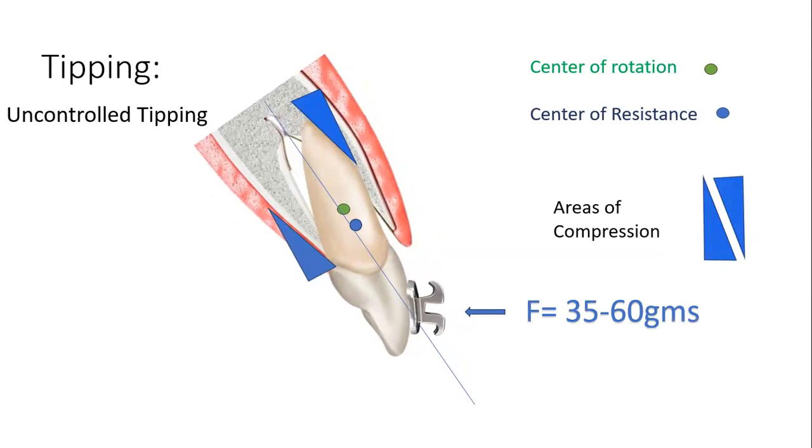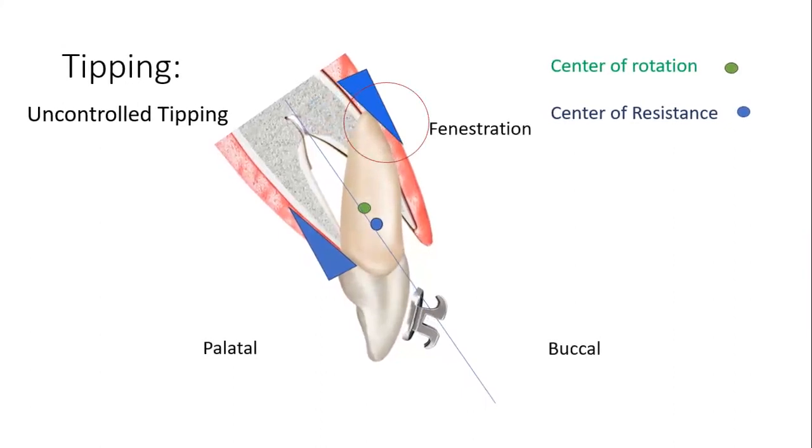As I asked earlier, which movement is desirable? If uncontrolled tipping happens, you cannot control the tipping movement, which will lead to an undesirable consequence, that is, fenestration of the alveolar bone. So uncontrolled tipping is never desirable.